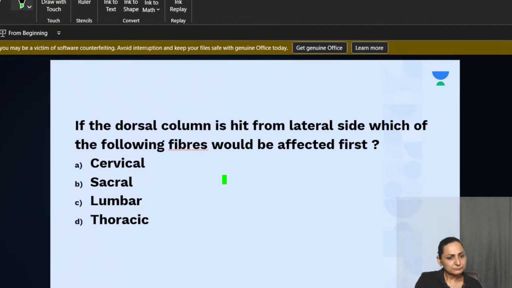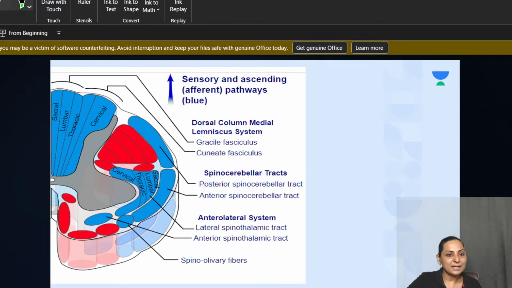Then you were given one interesting question, that if the dorsal column is hit from the lateral side, which of the following fibers would be affected first? Now for this you must understand the arrangement of the dorsal column fibers. The dorsal column fibers means I am speaking of the fasciculus gracilis and cuneatus.